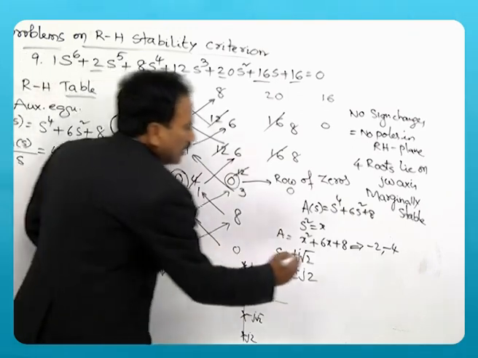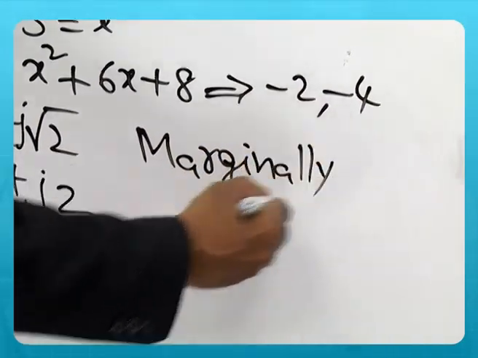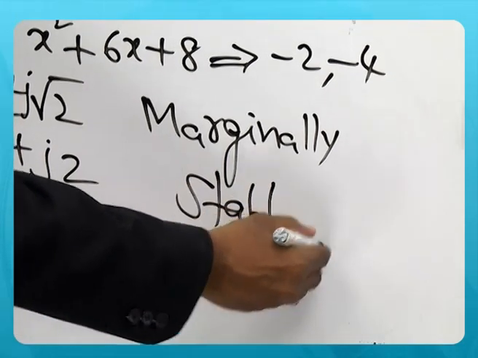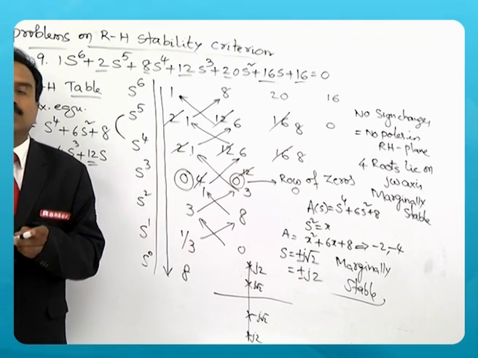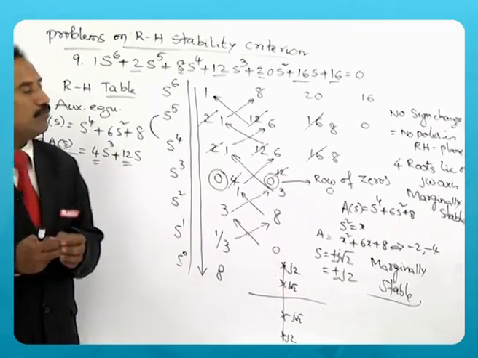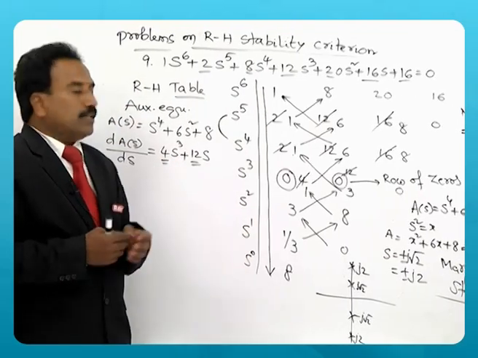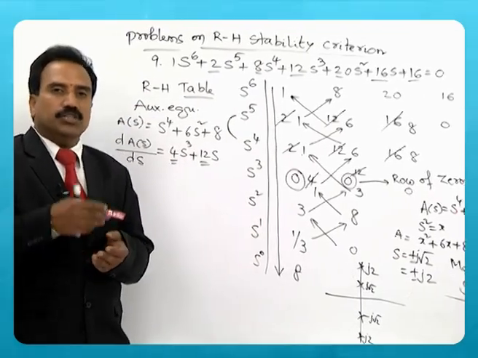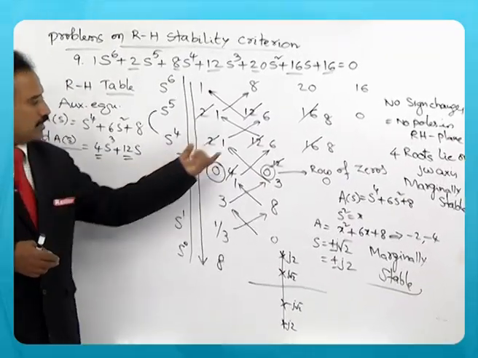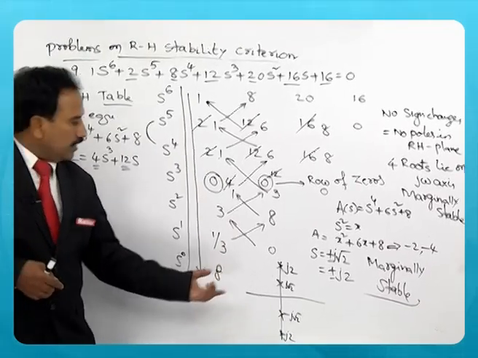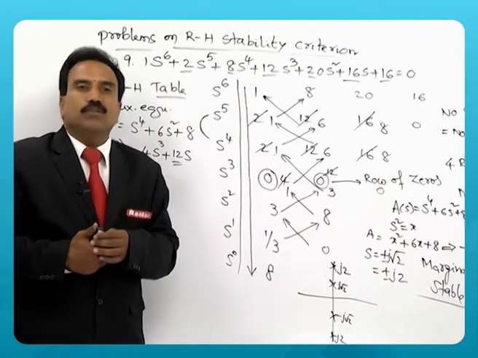The conclusion is that the given system is marginally stable. This is the conclusion of this particular problem. The difficulty 2 arises while forming the R-H table. The remedy is to get the auxiliary polynomial, differentiate it, and the zeros are replaced by the coefficients of this. Continue constructing the table, and this is the way you should find out the location of poles on the j omega axis.